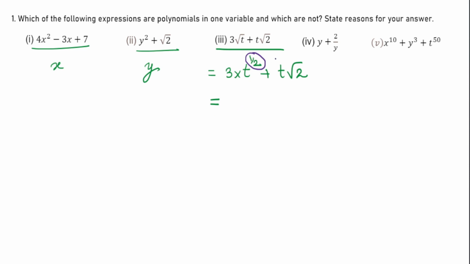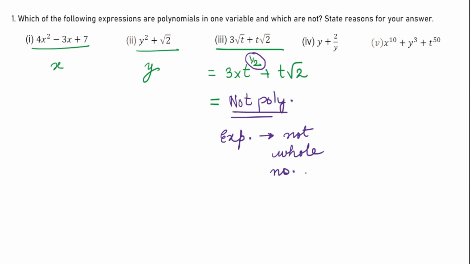Here this condition is not satisfied. We have the power as half, and half is a fractional value. It is not a whole number. It means that this whole expression is not a polynomial. The reason is that the exponent is not a whole number, it is a fractional value. So it is not even a polynomial.